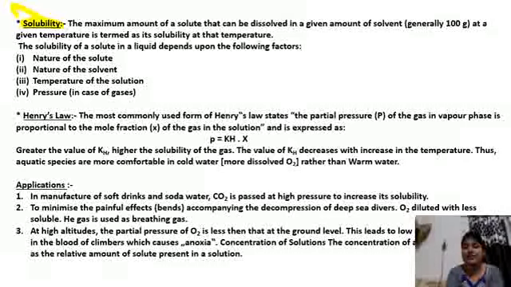We all know very well that a solution is composed of two parts. The first one is solute and the second one is solvent. Okay? Solution is composed of two parts.